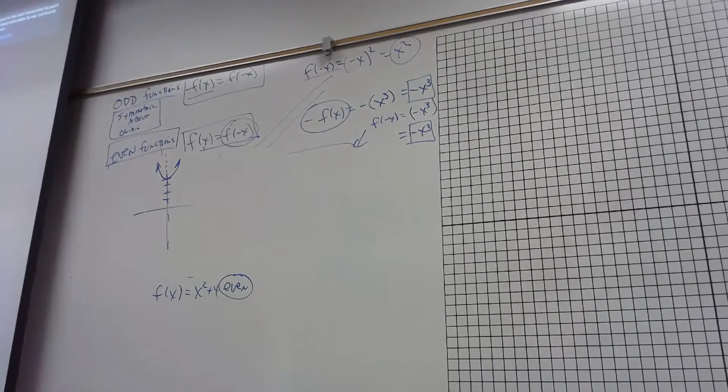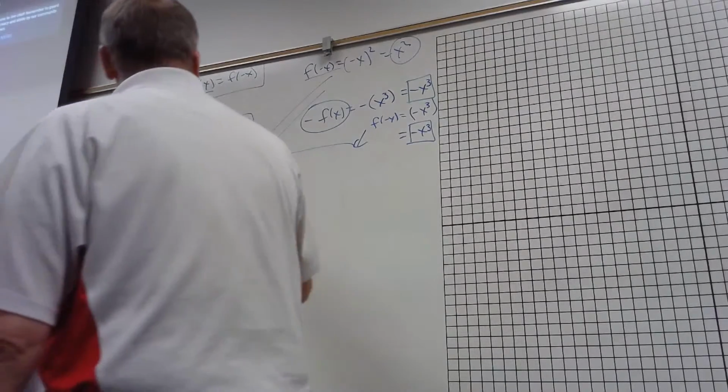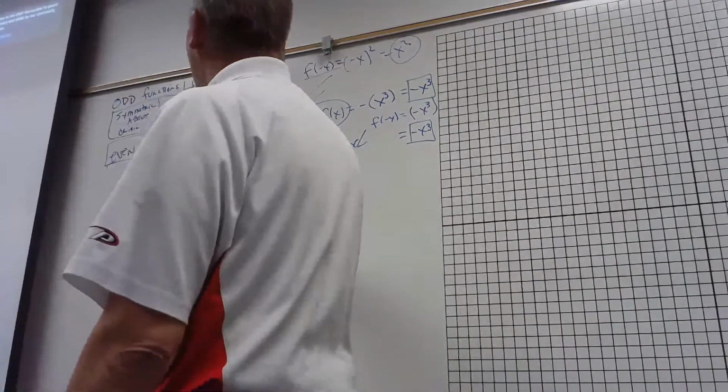Now, let's prove it. Caleb, can you prove that that's an even function by telling me this? We've already got the function, right? So half of this is already done.